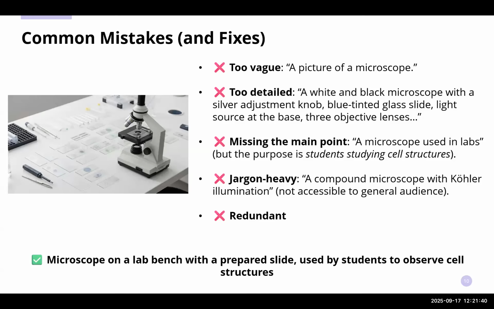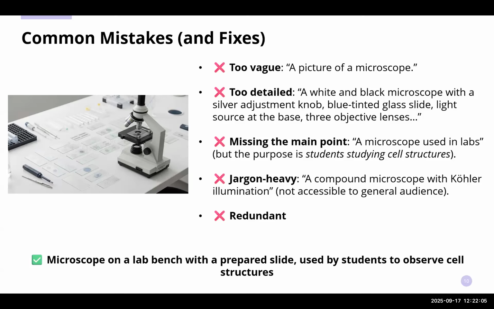That's technically true, but it doesn't tell us what the student is meant to take away from this image. Sometimes it could be too jargon heavy. For example, a compound microscope with color illumination. Unless your audience is trained in microscopy, that kind of jargon can be more confusing than helpful.